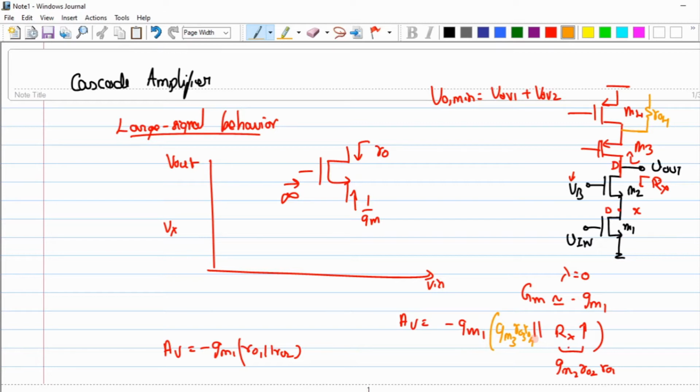But is there any drawback in this particular circuit when I try to increase the gain? What is getting reduced? No, gm remains the same. Yeah, Vout. What about the swing that I would get out of the circuit?